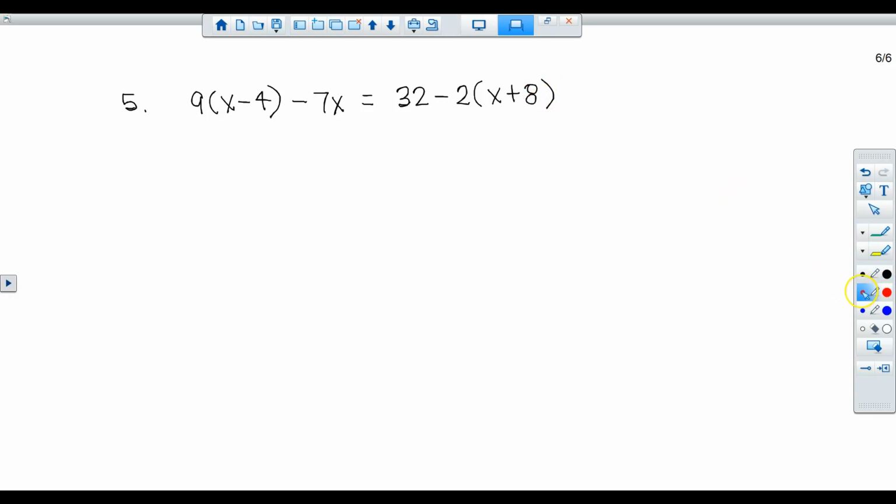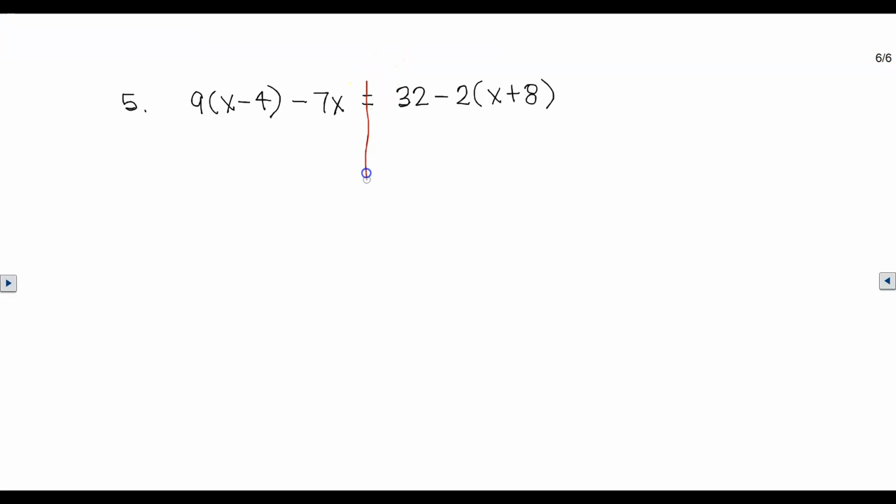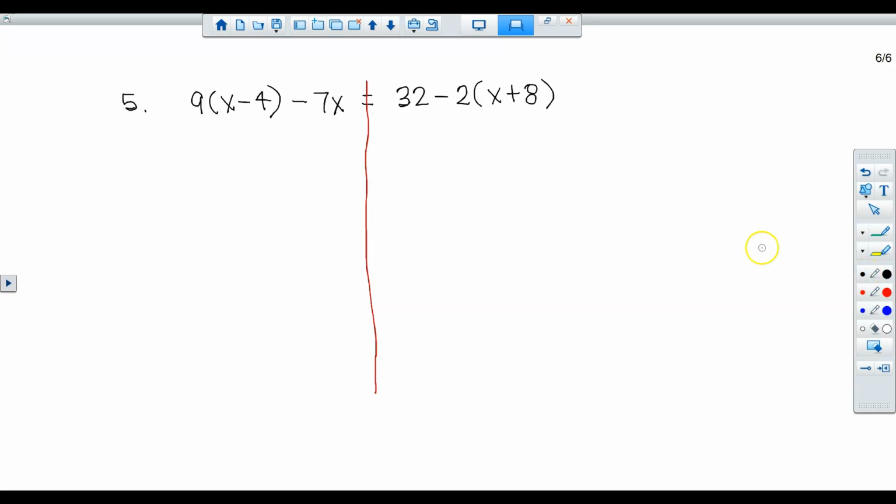All right, on this next one, we're going to do 9 times x minus 4 minus 7x is equal to 32 minus 2 times x plus 8. Draw your line. Now you pause the video and try this problem.